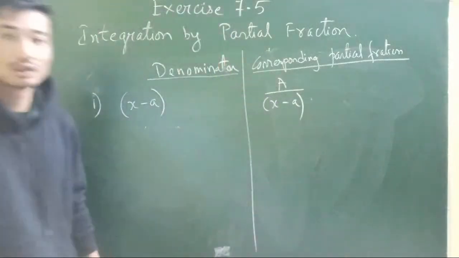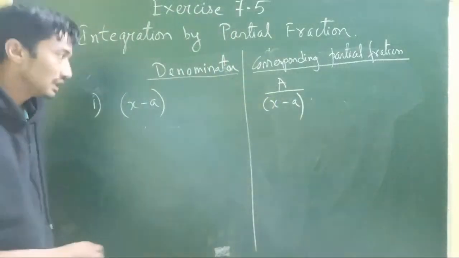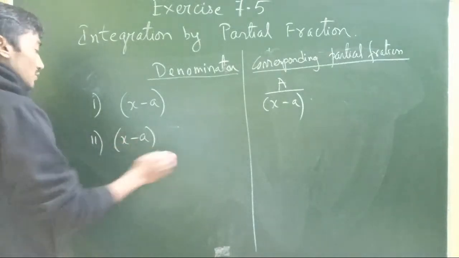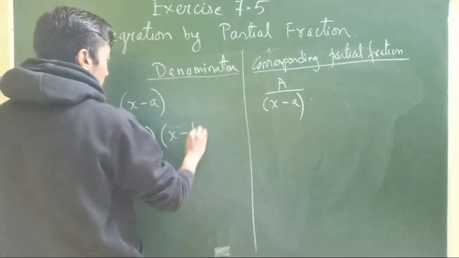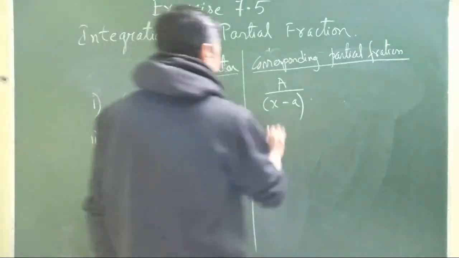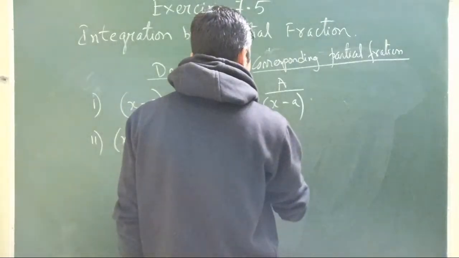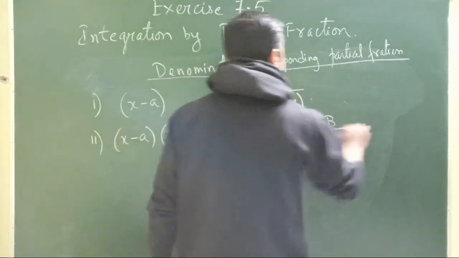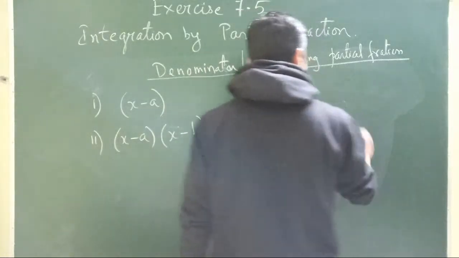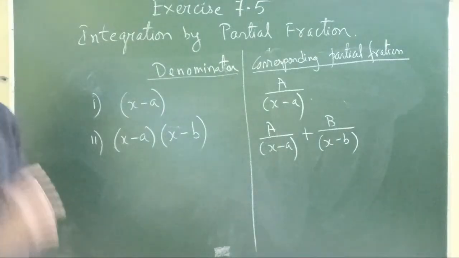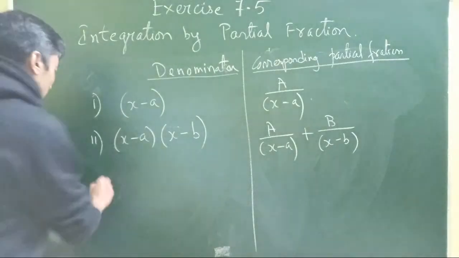Just note it down. When we start with the exercises, you will be very clear with this. Second, if you have a product of two factorized terms like x minus a, x minus b, you will write it in this form: A by x minus a plus B by x minus b. This is the format which we will be using. You can just note it down, we will discuss that very soon.